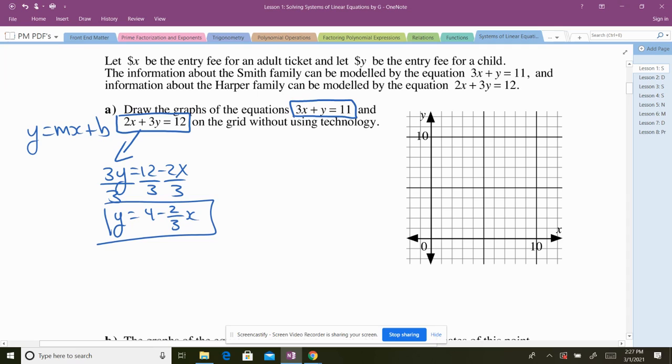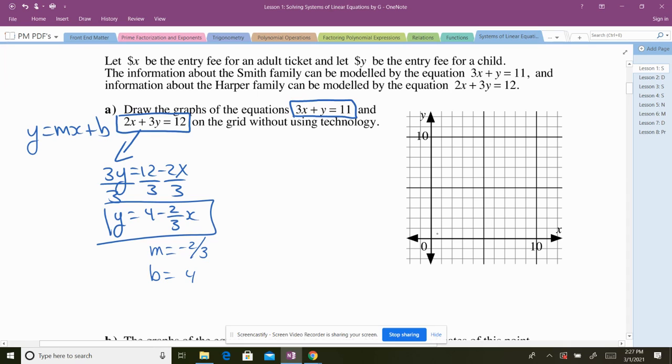So what's my slope and y-intercept of that graph? What's my slope? -2 over 3. And the y-intercept is 4.